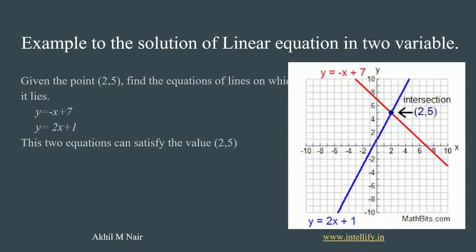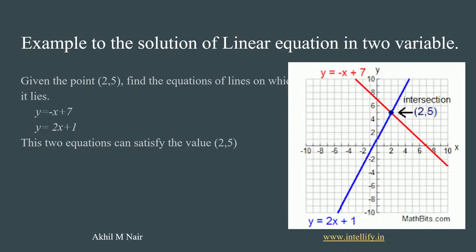Now there is an example from where we will get a very crucial result. Given a point (2, 5), we have to find a line which passes through it. We will find that y is equal to minus x plus 7 and y is equal to 2x plus 1 are two equations which satisfy the point (2, 5).